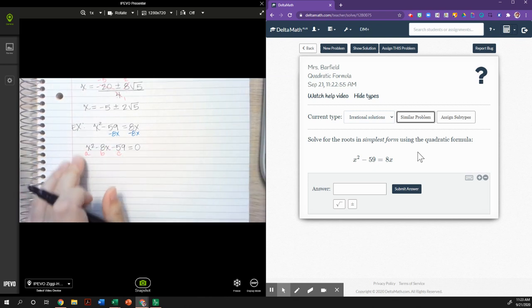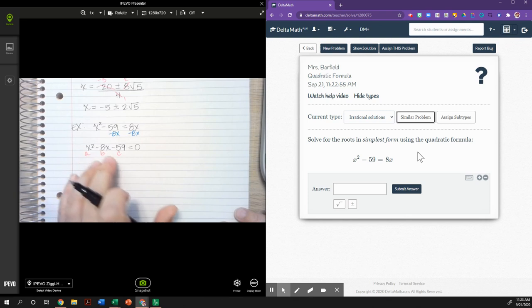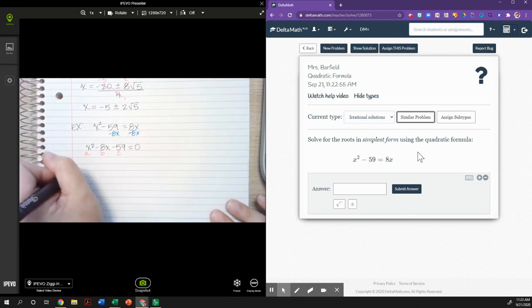A is 1 in this problem, because there's no number in front of x squared, so it's the understood one. B is negative 8. C is negative 59.